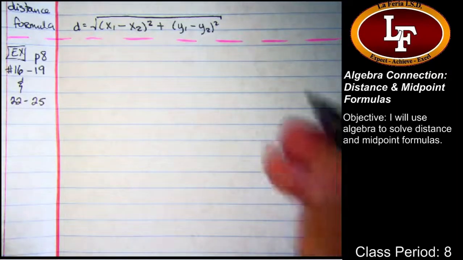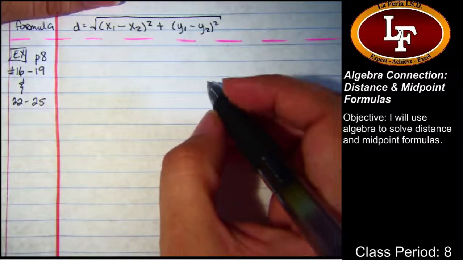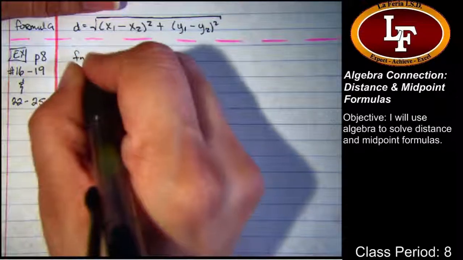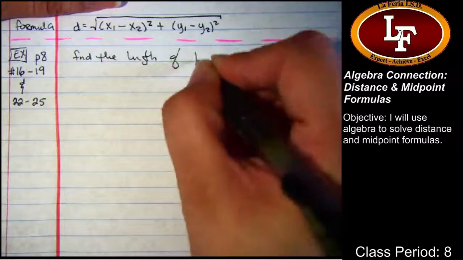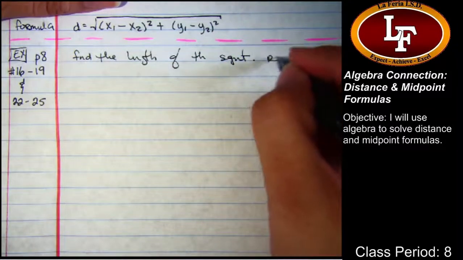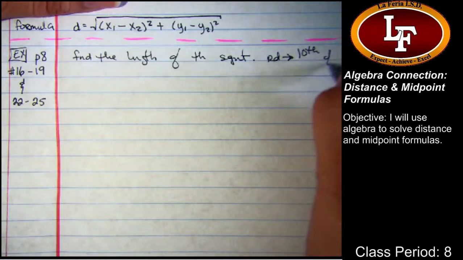All right. I'm going to write the directions for the first part in shorthand. Ready? Shorthand directions for the first portion: find the length of the segment, round to the nearest tenth of a unit.